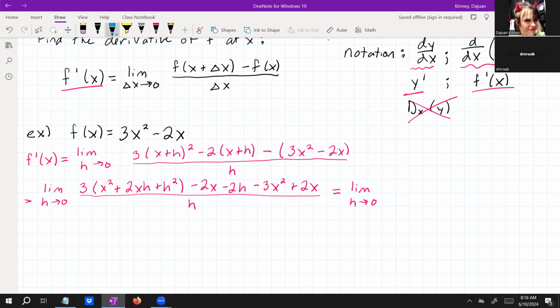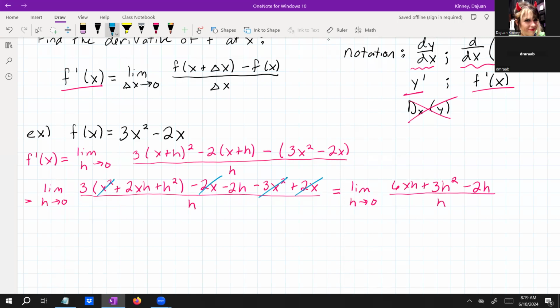All right. I'm going to be a little lazy here. Those two cancel. If I distribute my 3, those are going to cancel. So I just didn't want to write an extra step for that. I do distribute my 3 a little more. I get 6xh plus 3h squared minus 2h all over h.